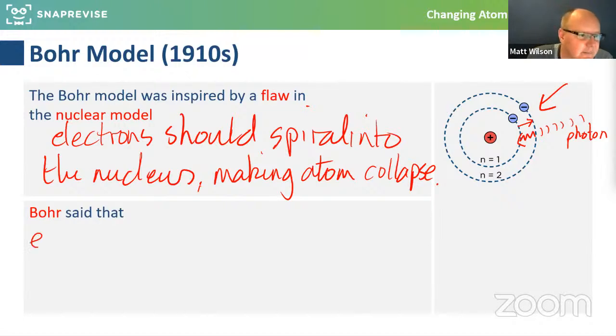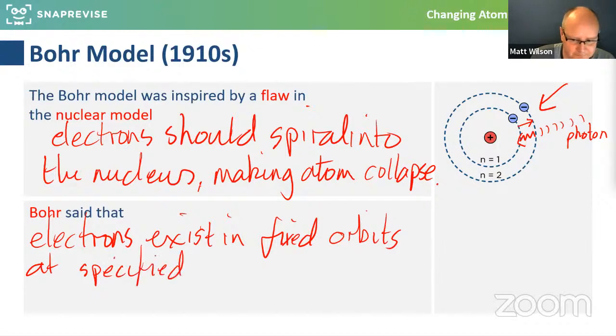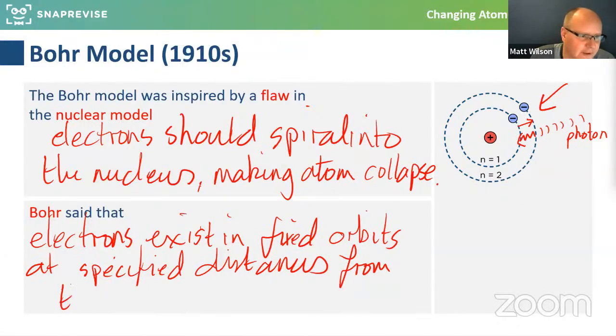So Bohr said electrons existed in fixed orbits, so fixed distances around the nucleus, at specified distances from the nucleus.